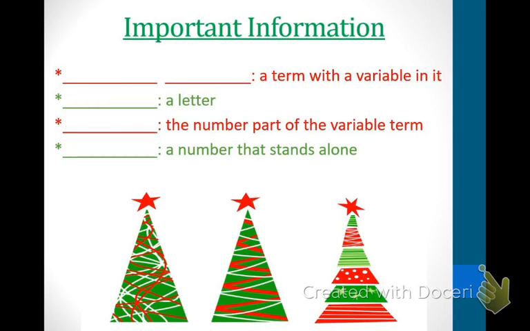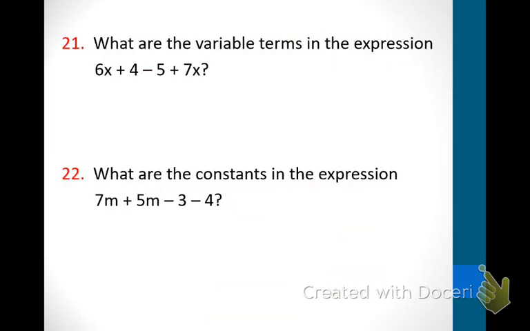Looking at the first one, Cameron, what are the variable terms in the expression 6x plus 4 minus 5 plus 7x? If you remember from long ago, we underlined and circled the like terms. Who can help me with what the like terms are? Hunter? All right, we're going to go ahead and underline 6x. What else is like the 6x? 7x.